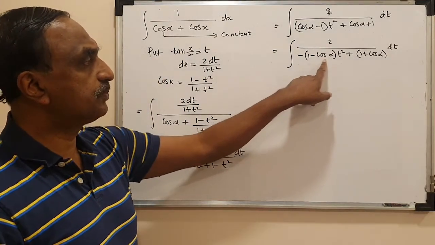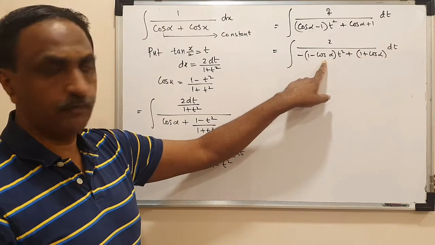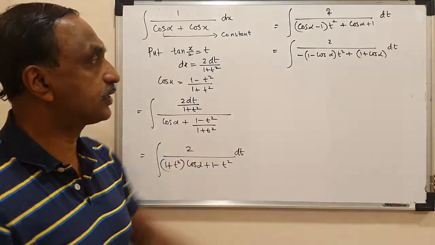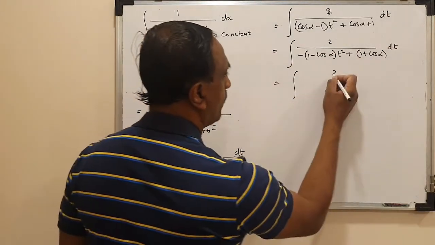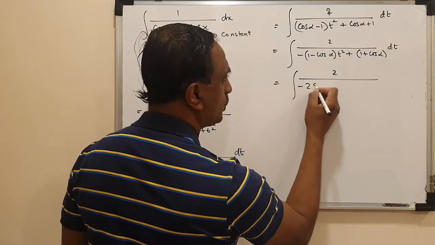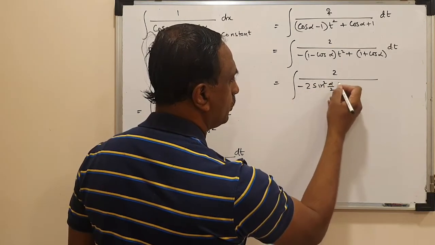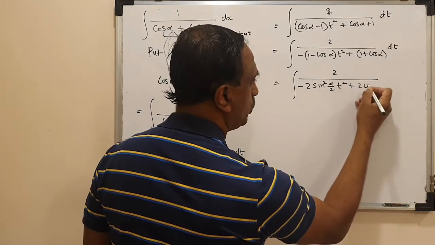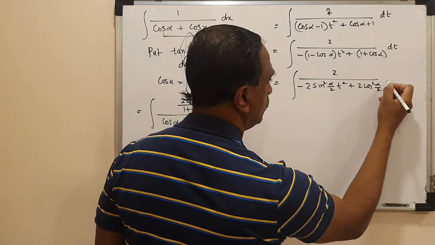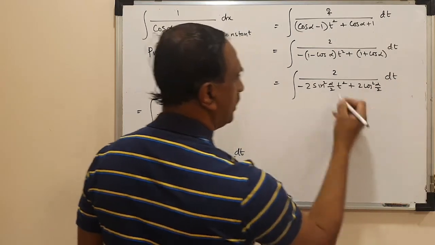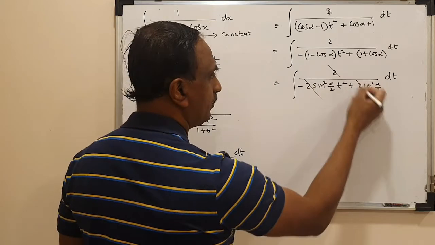Now we will replace this by a perfect square. You know the formula for 1 minus cos theta and 1 plus cos theta. So I'll put those formulae. Minus 2 sine square alpha by 2 into t square plus 2 cos square alpha by 2 into dt. Now this 2 can be cancelled off.